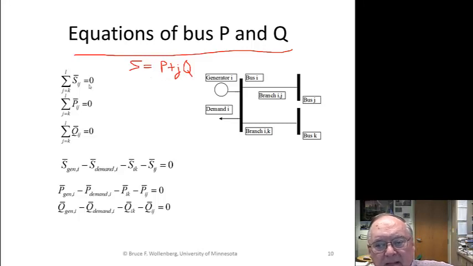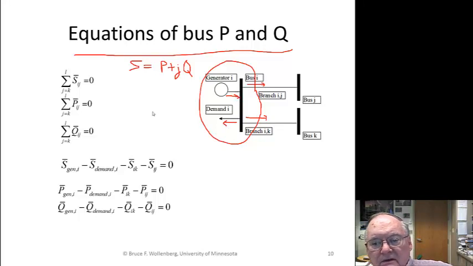So if we look at any flow on the system, at the buses, when you go around the bus, we're going to say the sum of all of the S that's flowing this way, and that's flowing this way, and that's coming in from the generator and going into the load, the sum of all of that is equal to 0.